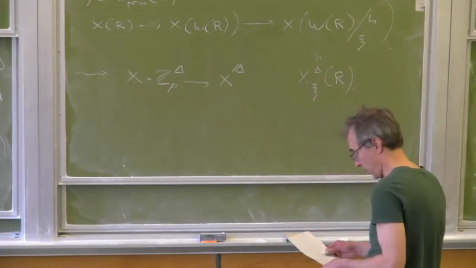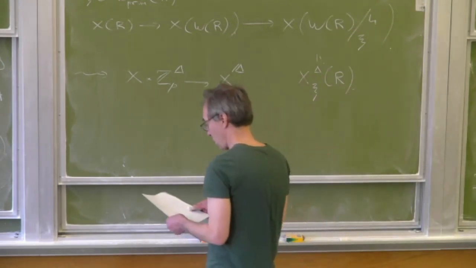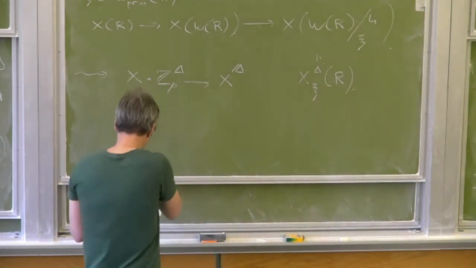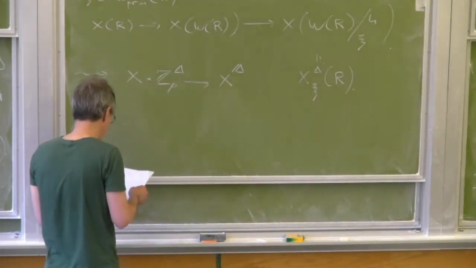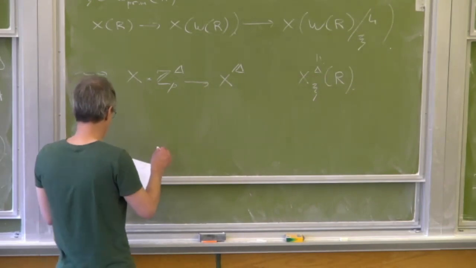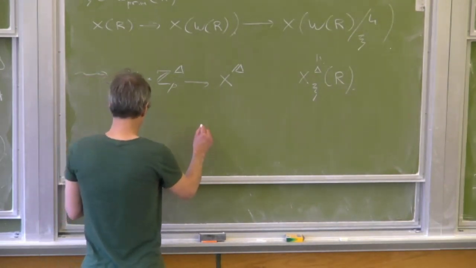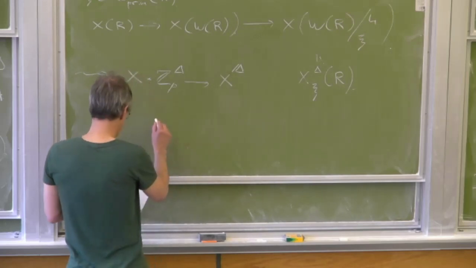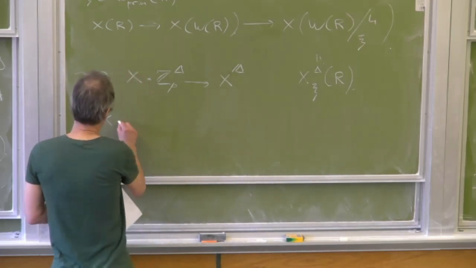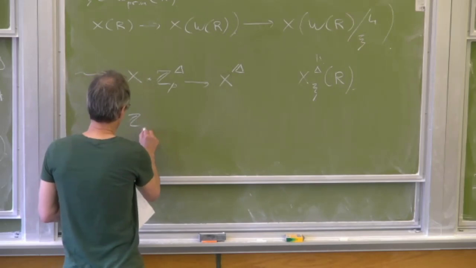And I can use Frobenius, this F prime that we defined, to construct something similar for the sheared prismatization.